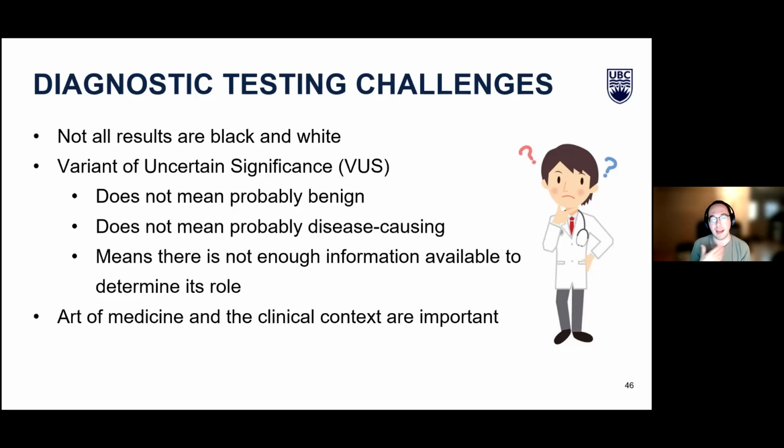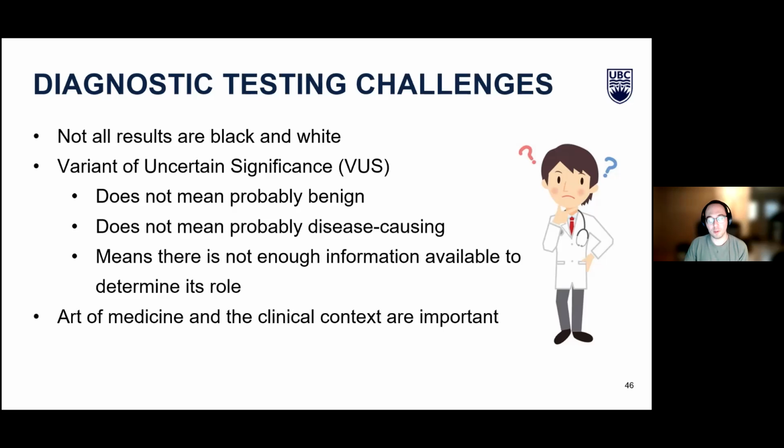So that's one aspect of the problems that we have with genetic testing, is sometimes we find things through the genetic testing that we don't really understand whether or not it is related or is not related to the disease that we're trying to assess. And so this is where the art of medicine comes in. The clinical context becomes very important when we are finding a VUS in certain cases. If we're seeing a strong family history, or we have other indications that make it very likely that they have a specific genetic condition causing a disease, even if we find a VUS, we're more likely to think that the VUS is related.